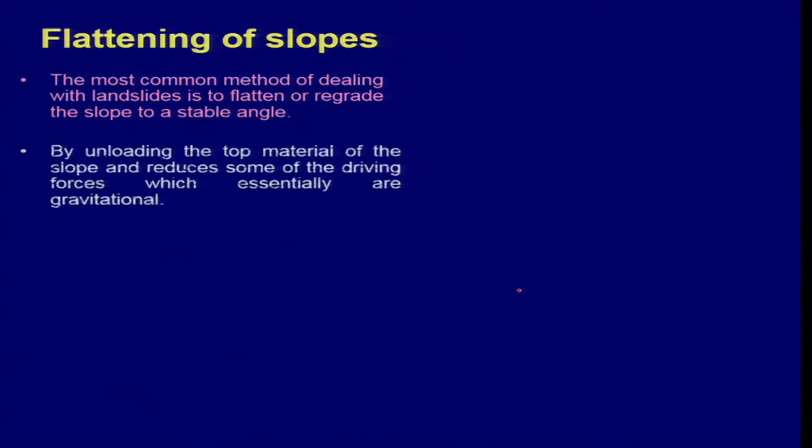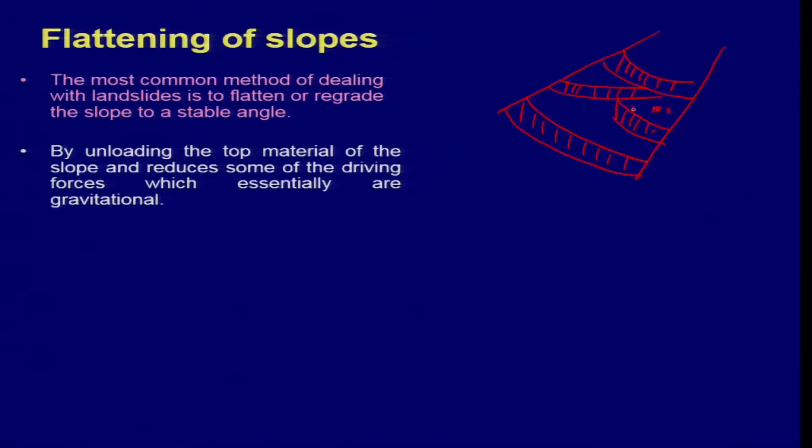So, flattening of slope is one of the most commonly seen methods. If you go into the hilly terrain, you will find small terraces along the hill slope. So, if you have a slope like this, you will find small farms like this constructed. This is basically a very old practice.